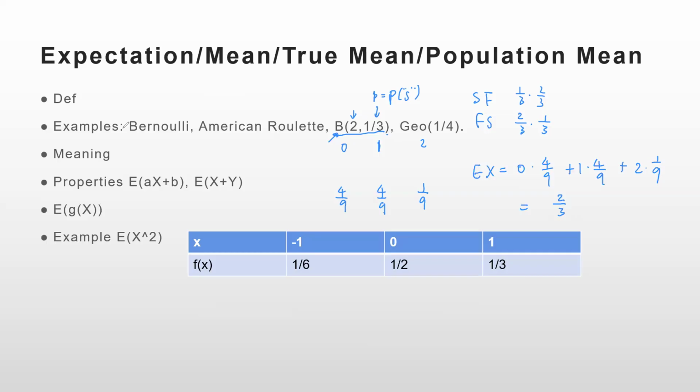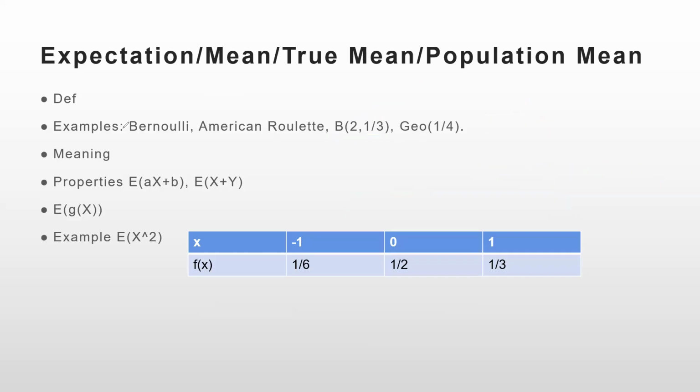All right, Geo(1/4), what does that mean? It means it's geometric. I'm using a notation from those discrete models. It's basically to model the distribution of the following random variable. The random variable is defined as the number of Bernoulli trials.